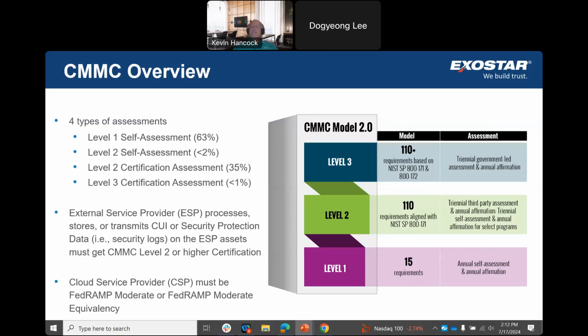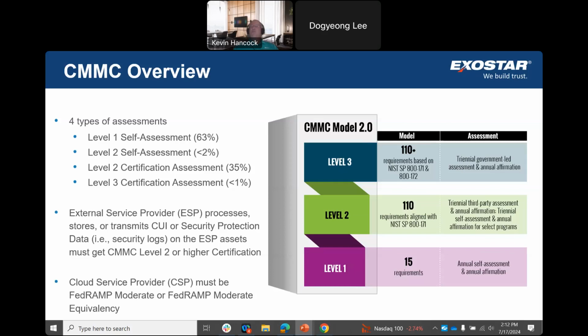And in those cases, those organizations that do that are going to have to be at the same CMMC level for which you are applying. So if you utilize an MSP as a portion of your IT organization or to help you out with some particular controls, etc., that organization will also have to be CMMC level 2.